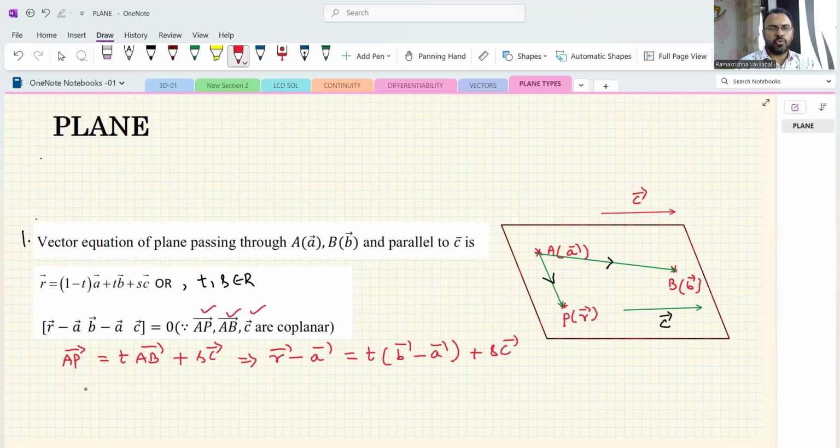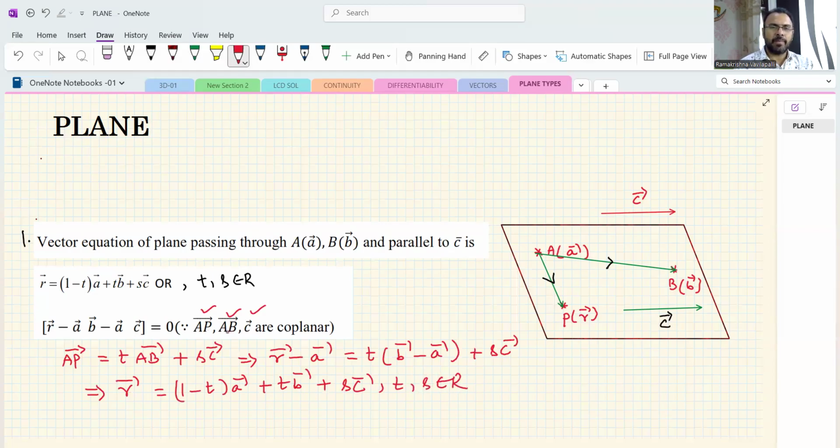We just need to find R bar, that is equal to (1 minus T) into A bar, after grouping the terms of A bar, B bar, plus T B bar plus S C bar. We got it. Here T comma S are some scalars. This is the vector form.